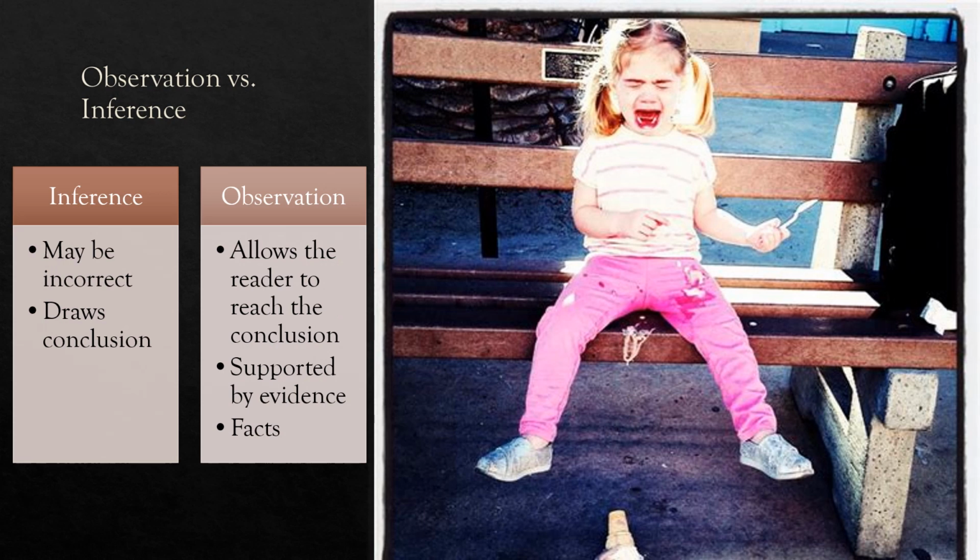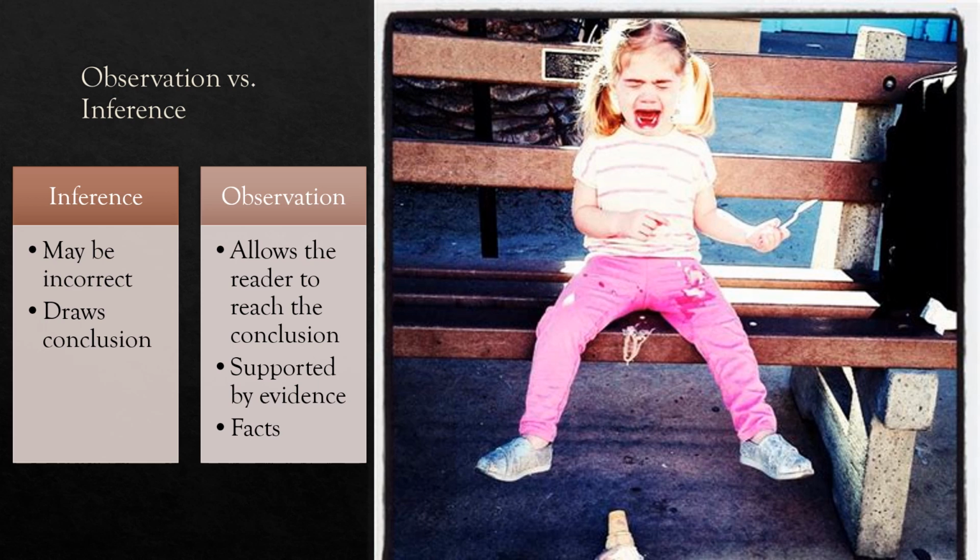So let's take a few minutes here to talk about an observation versus an inference. There's a very important distinction when you are talking about police reports, one that the writer, as they're writing it, must make sure that they're really staying in the observation realm and not putting in inferences.